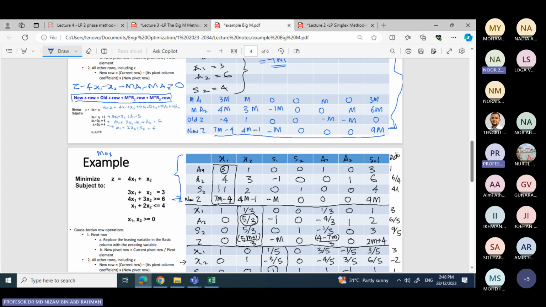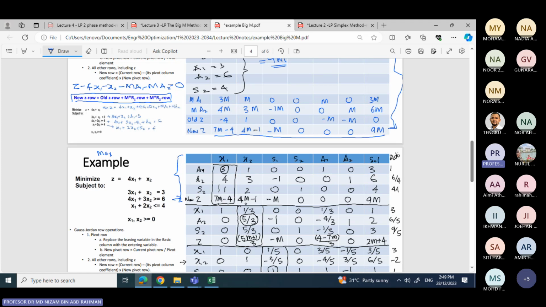Because m is larger than 0. So what is m? We define that m is a very, very huge number, right? How huge? Very huge. So 7m minus 4, of course, is going to be positive, because m is a very huge number. So 7m minus 4 must be positive, right?